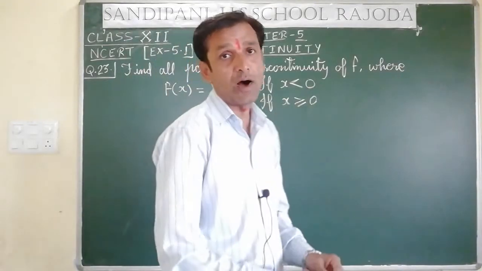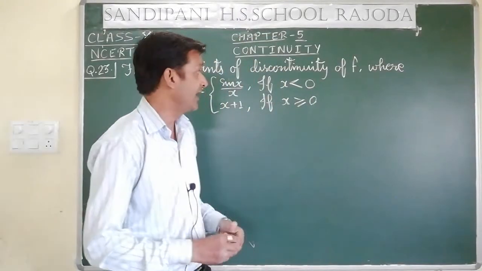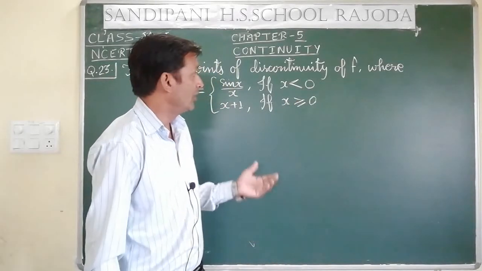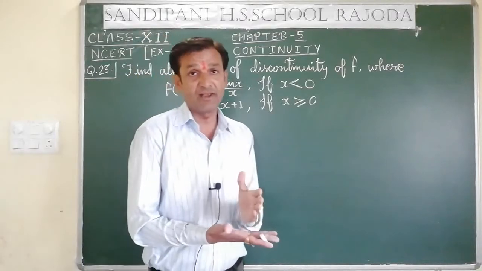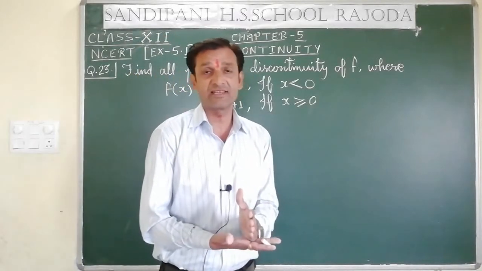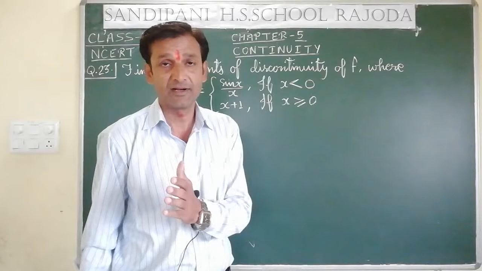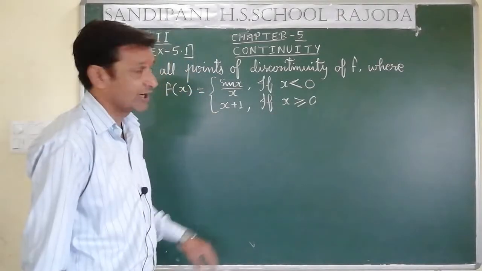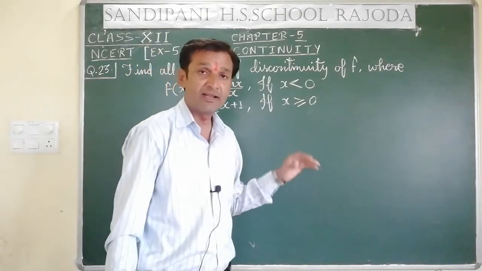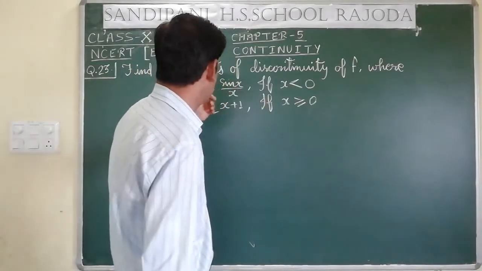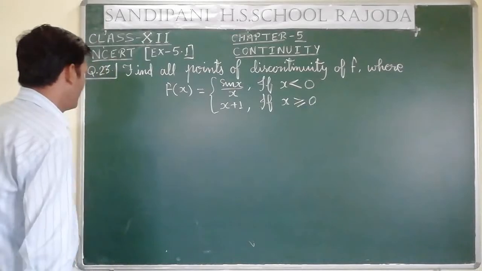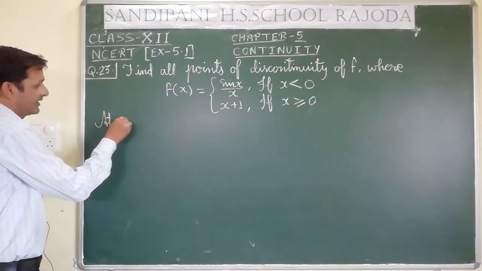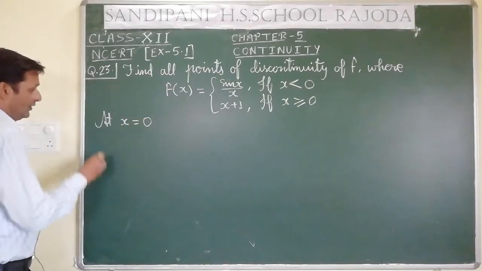Means we have to apply the continuity test at 0 first of all, by which we can come to know if the function is continuous at that point, then we can say that it is not having any discontinuity point, and if it is not continuous, then we may write that it is discontinuous at x is equal to 0. So for this we are applying continuity test at x is equal to 0.